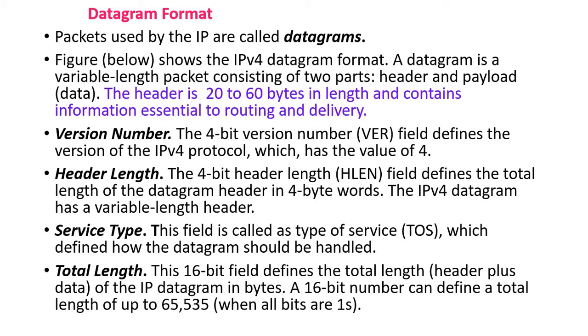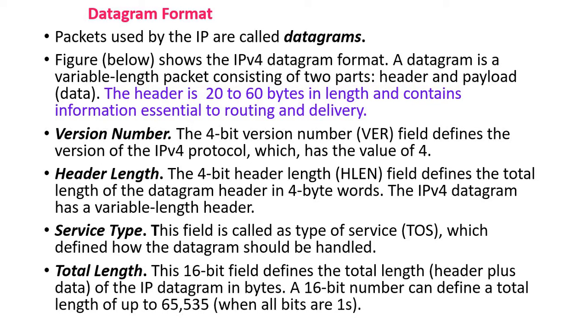Apart from this, we also have the version number, header length, service type, and total length. The version number will be 4 since we mentioned the term IPv4. Header length is 4 bits and defines the length of the header in 4-byte words.